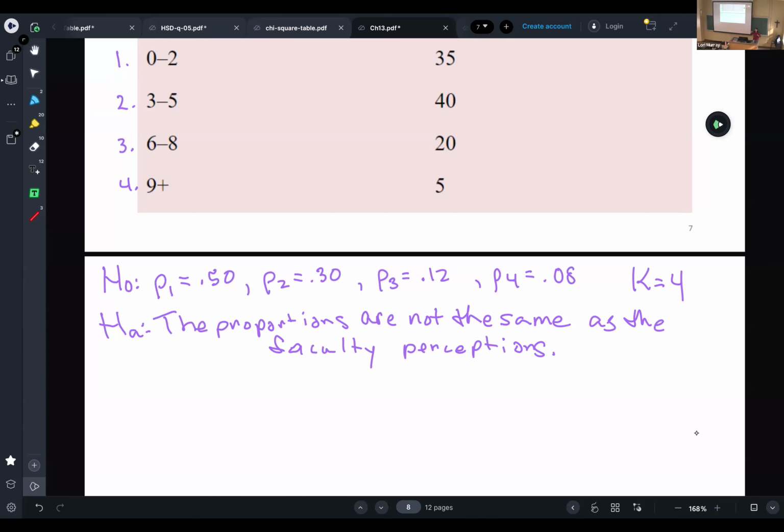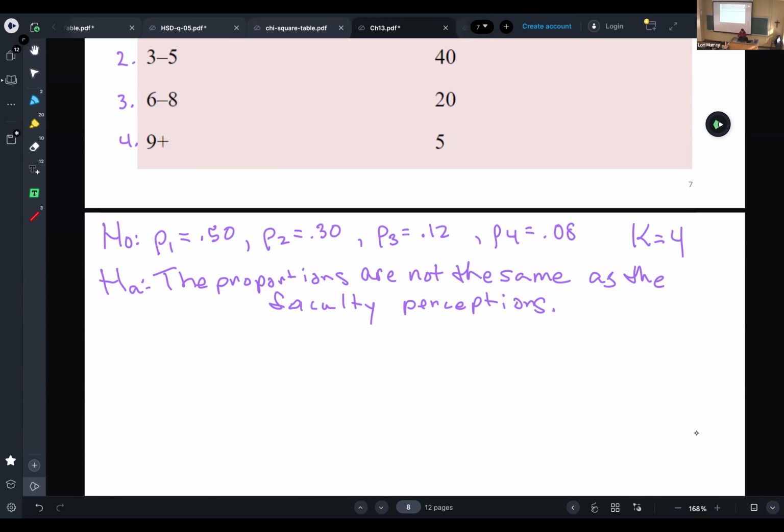So basically we're saying, are the distributions the same? It's really what that's all saying. Are the two distributions the same? What was expected compared to what was observed, what actually happened. We're going to just compare the two, and we will do that right here.